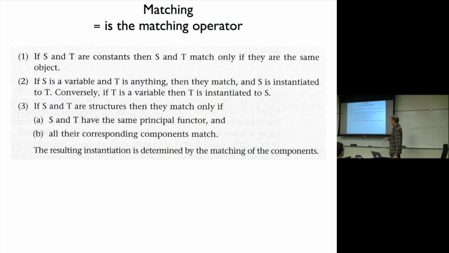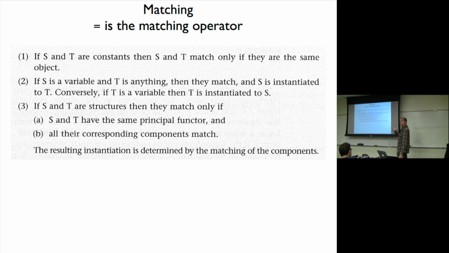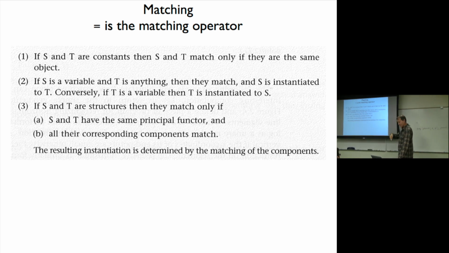So now look, here are the rules, and I think you already know these from what we've experienced. If S and T, where equals is the matching operator, are constants, then S and T match only if they are the same object. If S is a variable and T is anything, then they match, and S is instantiated to T. We saw that. Conversely, if T is a variable, then T is instantiated to S. If S and T are structures, then they match only if S and T have the same principal functor.